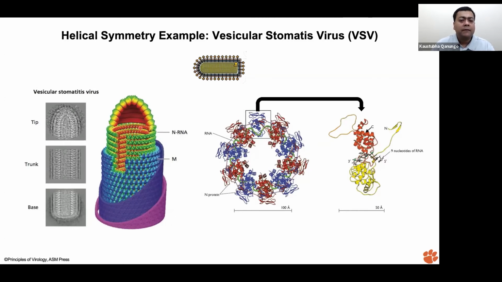So if you take the VSV and treat it with a detergent, the membrane will come off because it is phospholipid. Then you can treat it with high salt, which will remove the M protein. If you remove the M protein, this inner structure, called the nRNA, becomes very extended and filamentous. And this nRNA in vitro, in a test tube, is completely replication competent.